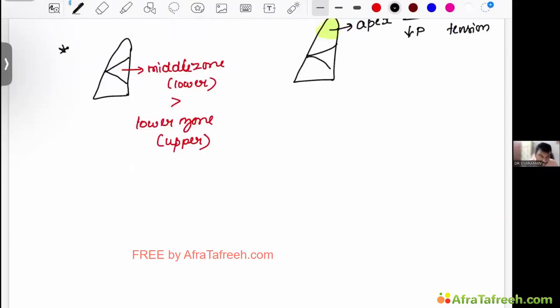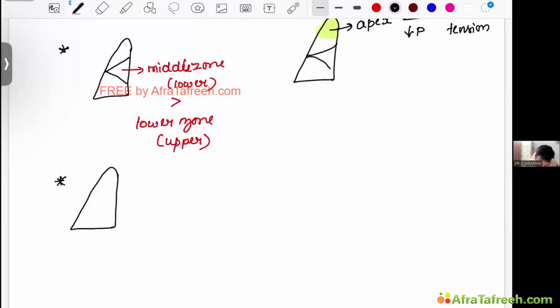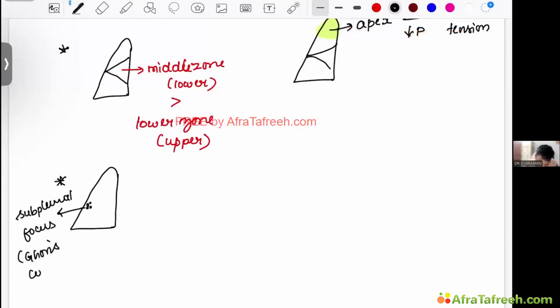Then the next thing is the area of first contact, which I will discuss again later. There is a subpleural focus, and that is the area of first contact; the subpleural focus is called the Ghon focus. This Ghon focus has radiating lymphatics which go from here and activate the lymph nodes here.